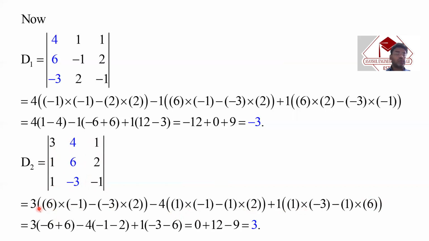Okay, so from here we have 3 into 6 minus 6 plus 6, from here minus 4 minus 1 minus 2, from here plus 1 into minus 3 minus 6. After simplification you have 0 plus 12 minus 9 is equal to 3. So our D2 is 3. Clear? Very simple calculation you have.